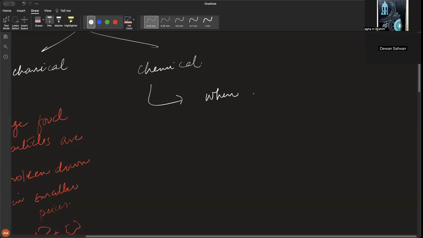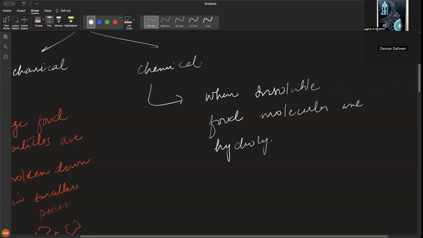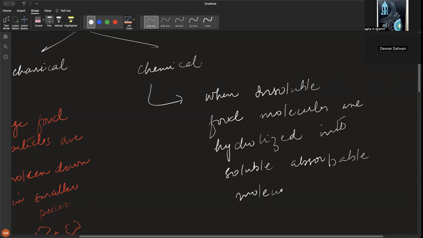Chemical digestion is when insoluble food molecules are hydrolyzed into soluble, absorbable molecules, right?